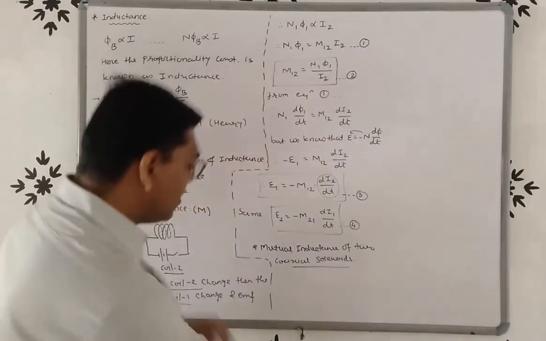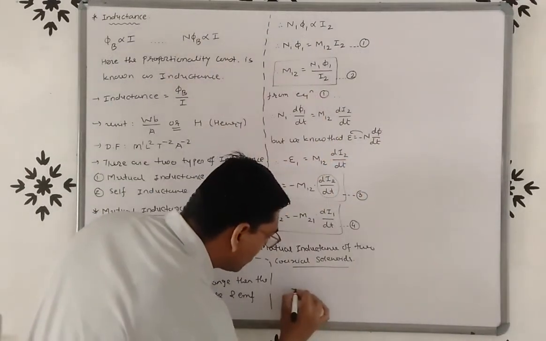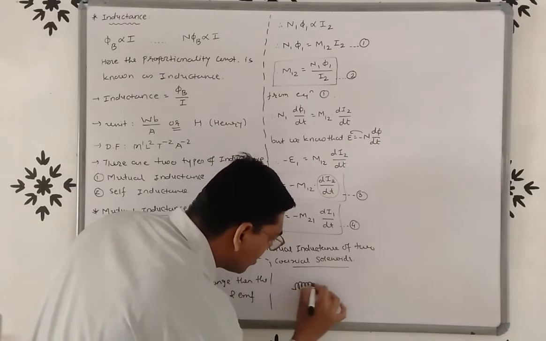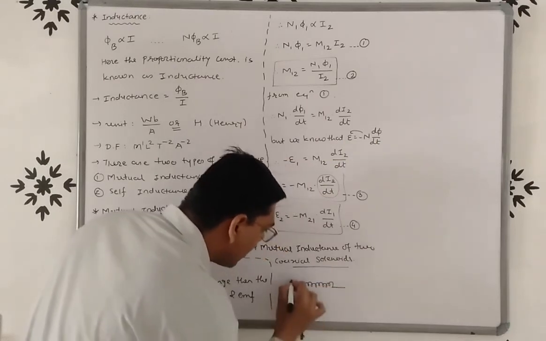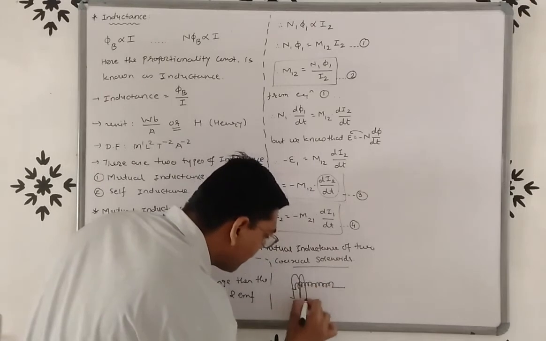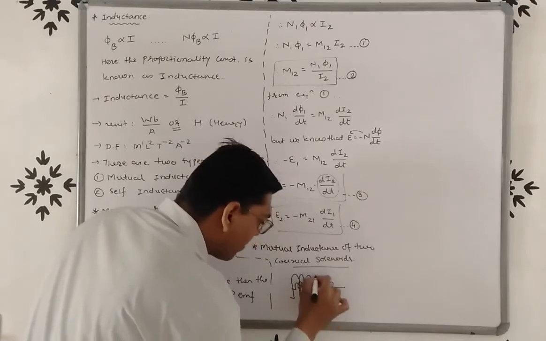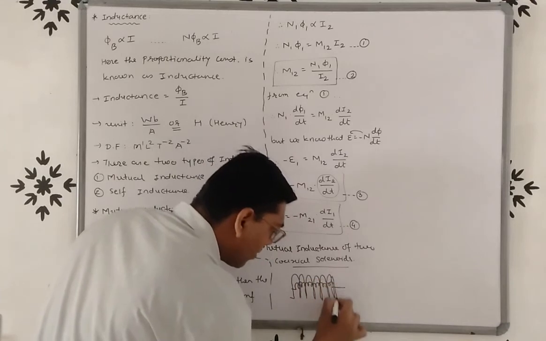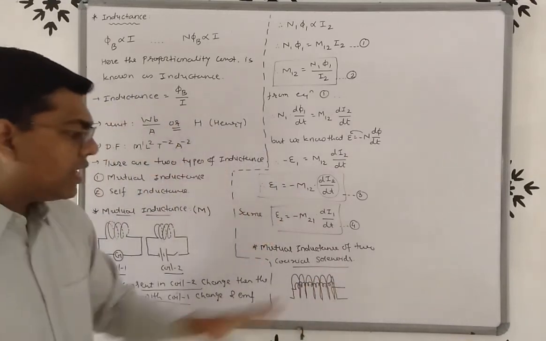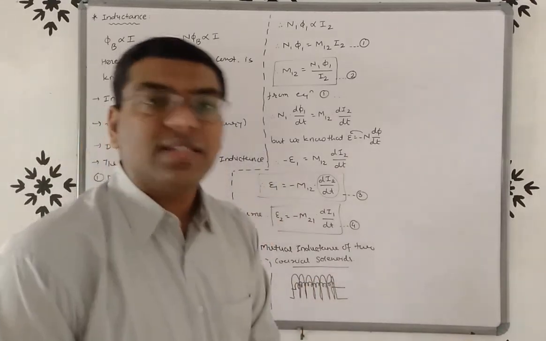So here we take 2 coaxial solenoids like this. This is the first solenoid and this is the second solenoid. So there are 2 coaxial solenoids.